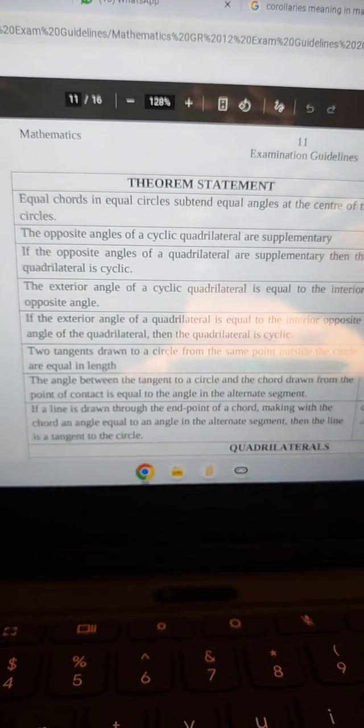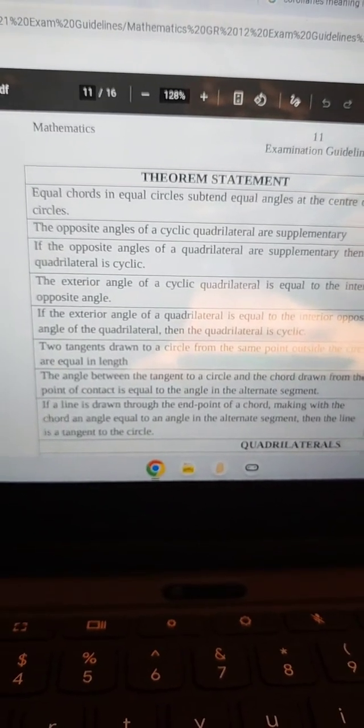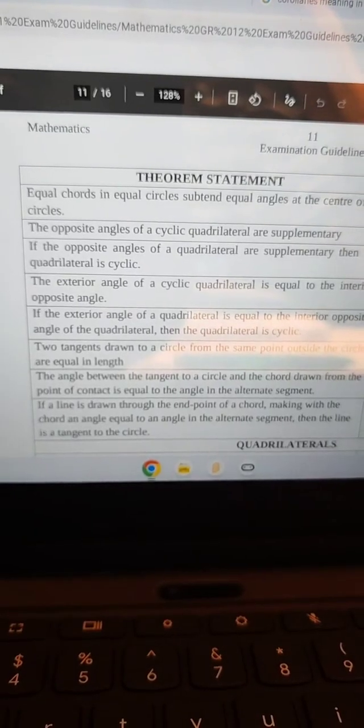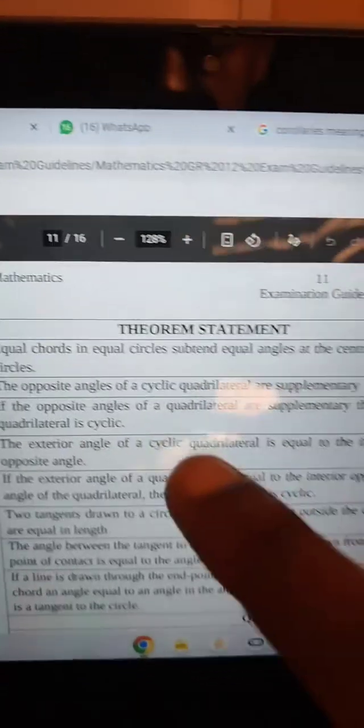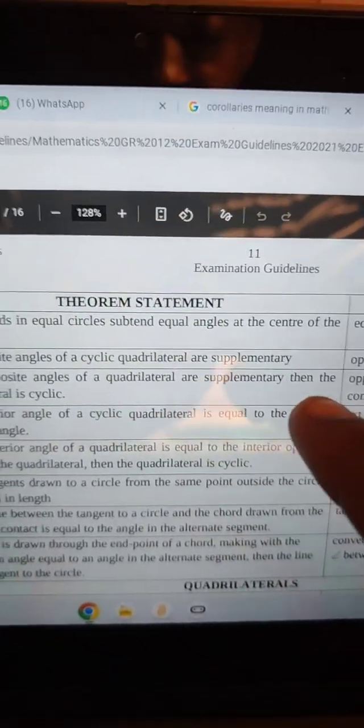The quadrilateral then is cyclic. Go to the reason: if the opposite angles of a quadrilateral are supplementary, then the quadrilateral is cyclic.